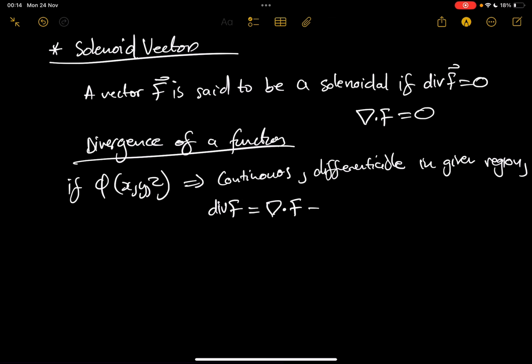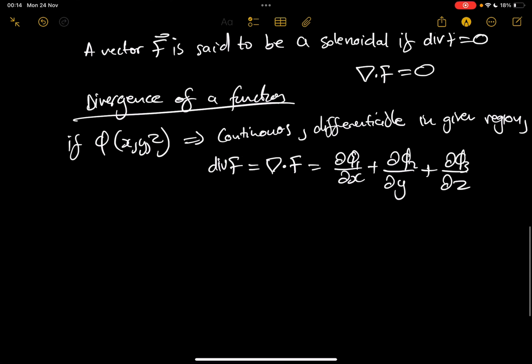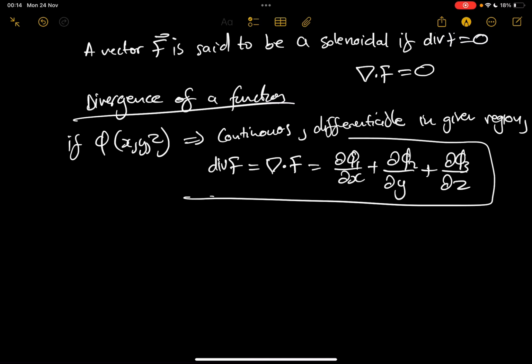This will equal del phi 1 over del x plus del phi 2 over del y plus del phi 3 over del z. So this is how you evaluate a divergence.